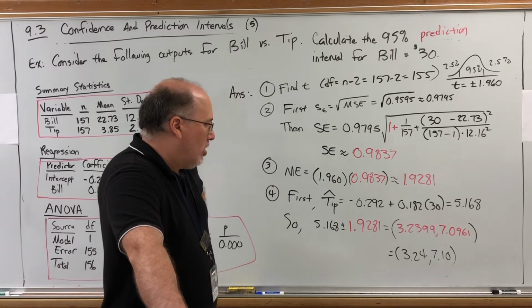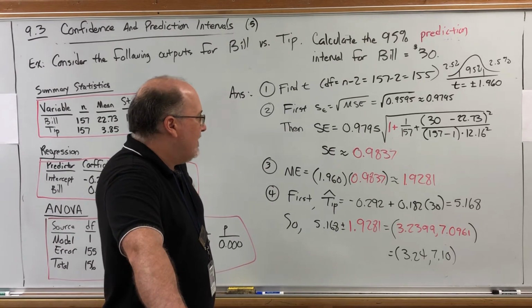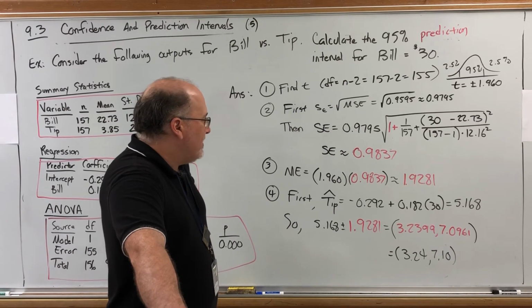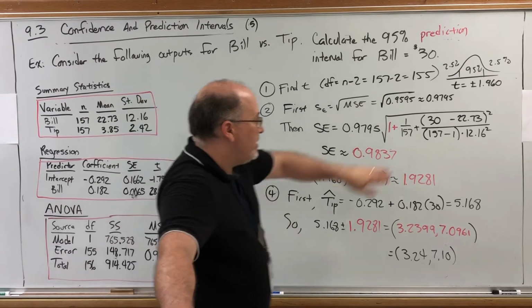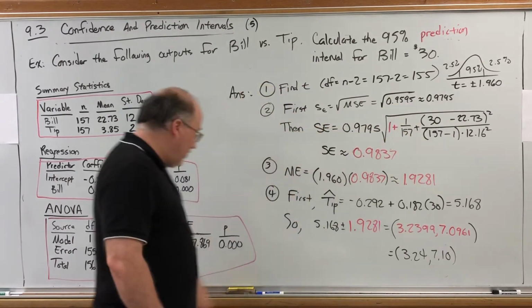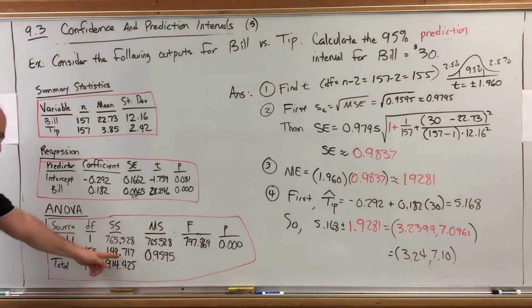That doesn't mean we're wrong. That doesn't mean they're wrong. That means that there was probably a rounding issue somewhere. If I were to recalculate all of this without any rounding at all, starting here, this MSE value is rounded off if you divide these.